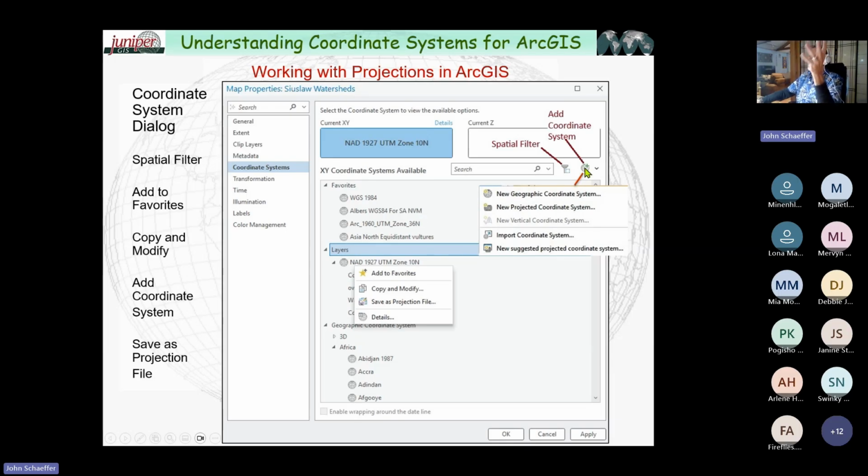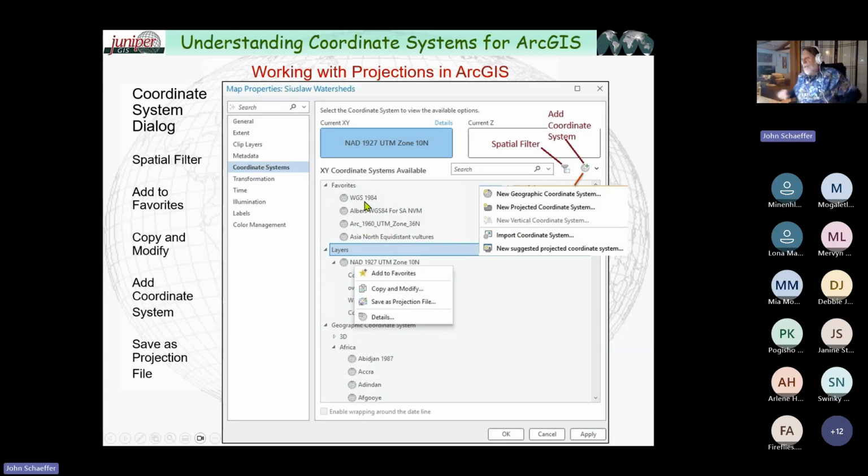You can add in a coordinate system. So this is where I could have imported the PRJ file that Debbie gave me. Okay. It's going to show you the layers that are in the map. Okay. And if you want to have one of those coordinate systems added to your favorites, right-click, say add to favorites, and it'll be listed up here.